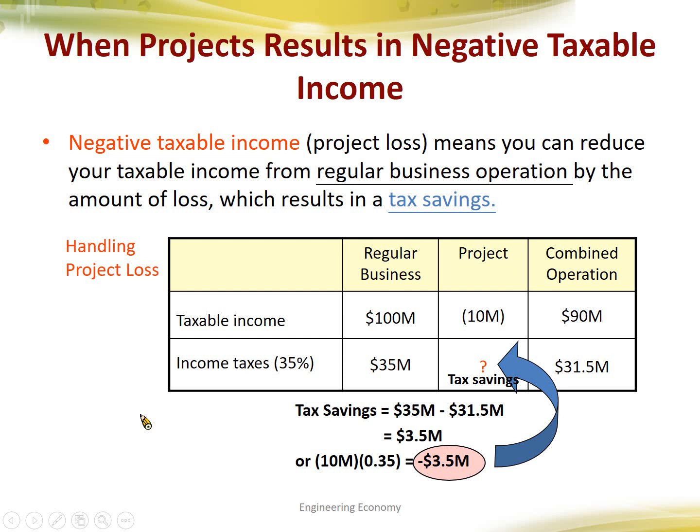It doesn't cause that much damage. It is losing money, but it helps you reduce maybe the higher part of your taxable income. So your income tax in general will be reduced. So the original project is in negative terms, but then it is added back. So your original income tax went from 35 million down to 31.5 million.